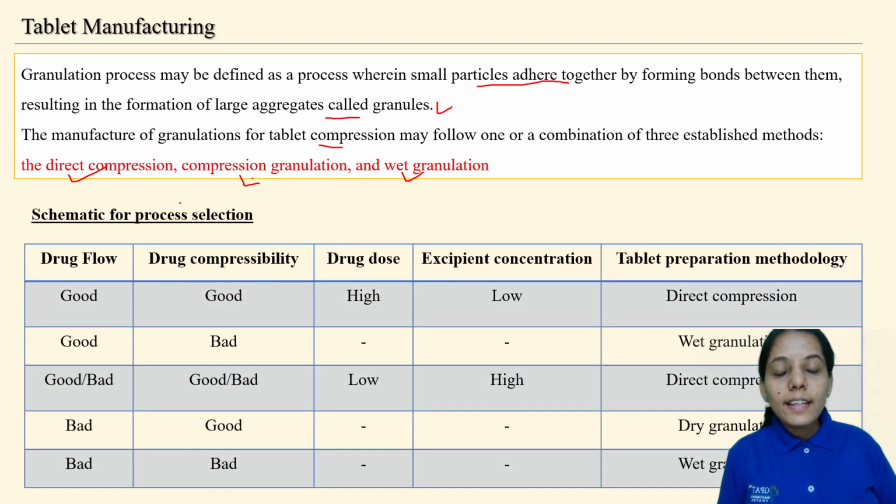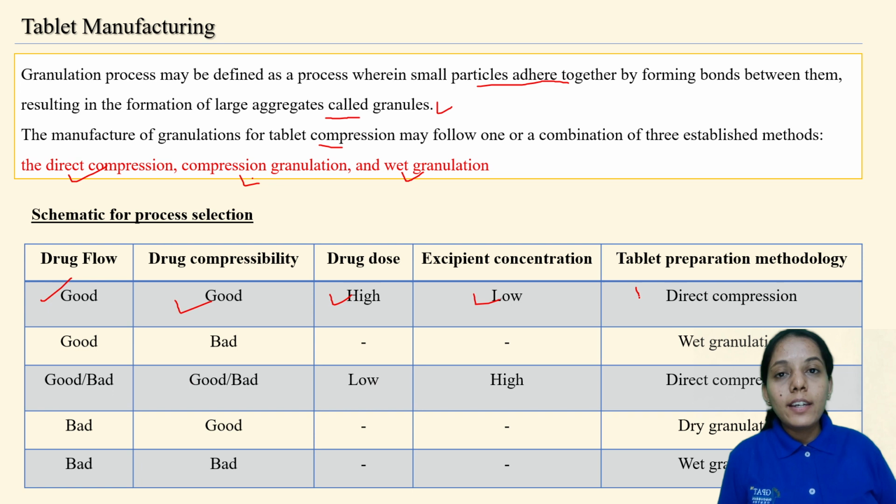Now let's see in what cases which method is suitable. For example, if the drug has good flow properties, its compressibility is also good, the dose is high, and the excipient concentration is low, because of the higher dose it may not require a diluent.